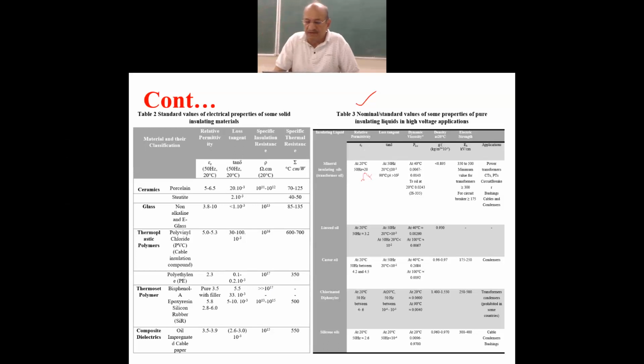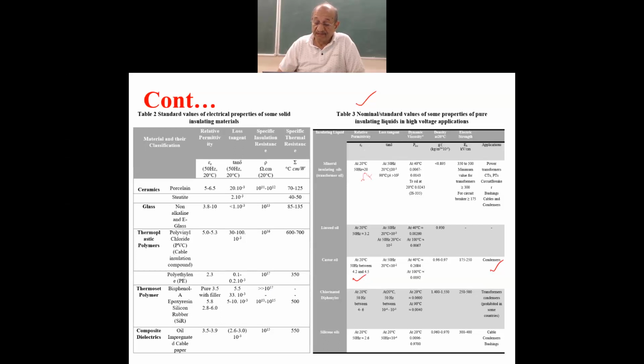It is where the transformer oil is used, or where, for example, the castor oil is specifically used, as I mentioned, in condensers, because it has high relative permittivity of the order of 4.2 to 4.5, sorry.